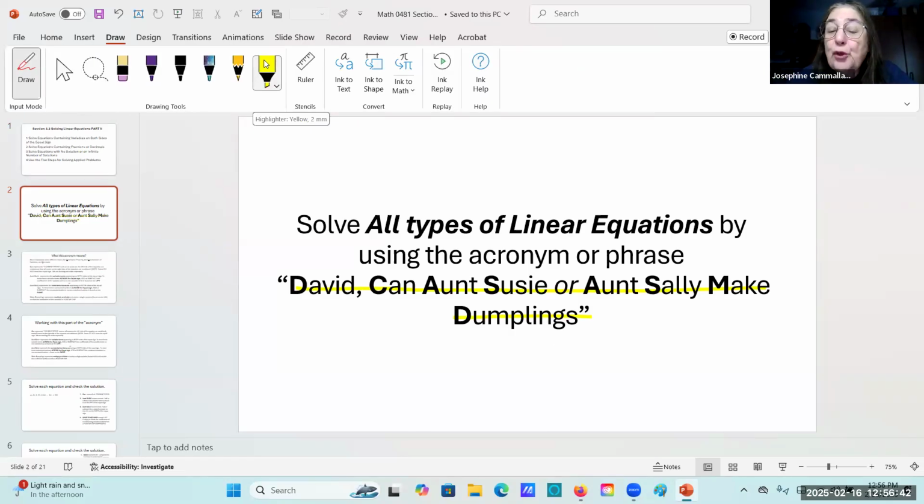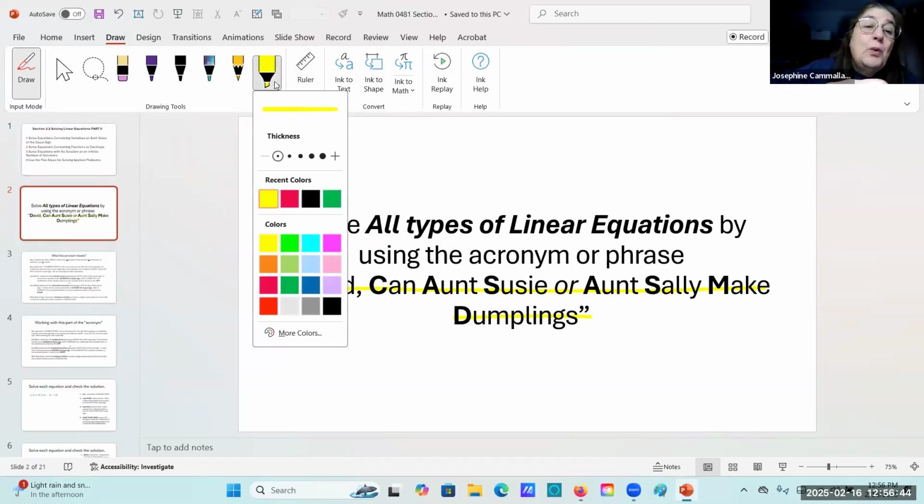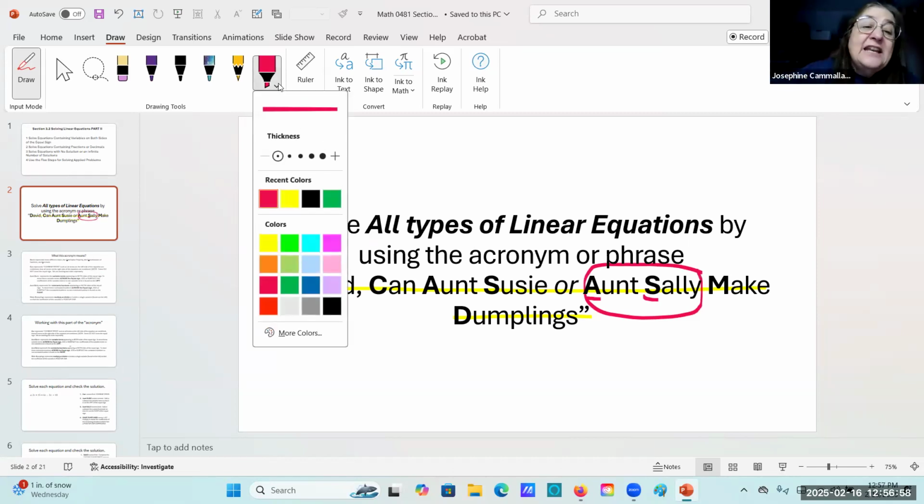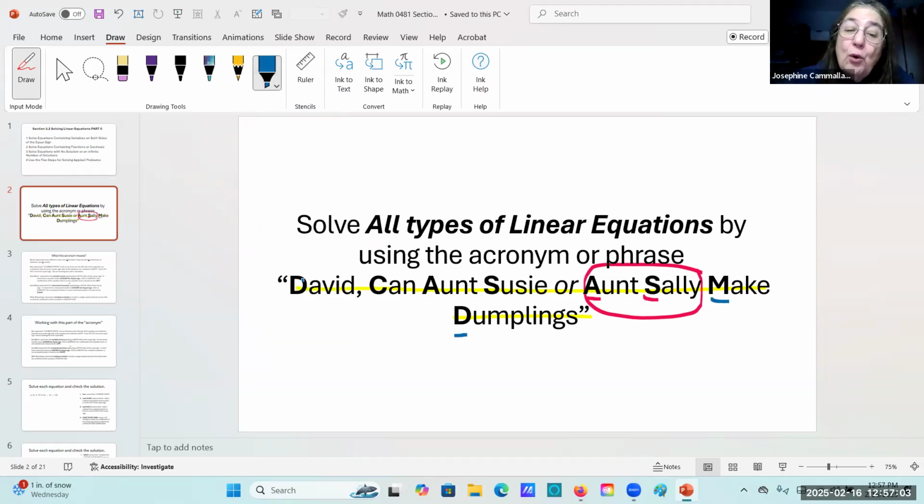Now, in section 3.1, we solved one-step and two-step equations. Well, the one-step put Aunt Sally together, where we added or subtracted, and then we also had multiply or divide, which was another type of one-step equation.